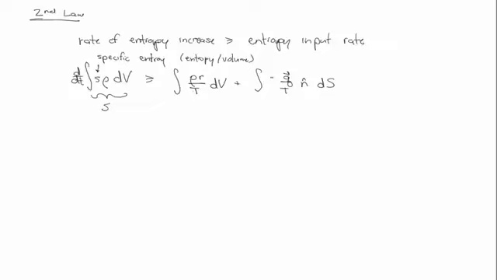This should be somewhat familiar from thermo, and again, I'm not going to get into all the details. But then if we use our tools, on the left-hand side, we'll use the Reynolds transport theorem for this guy. Should be familiar by now.